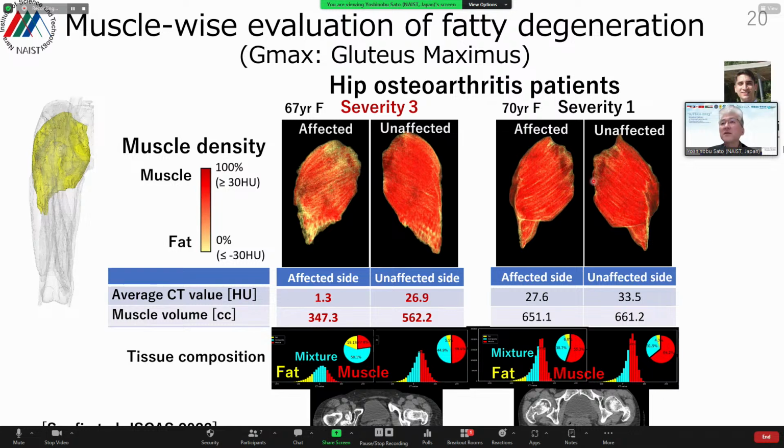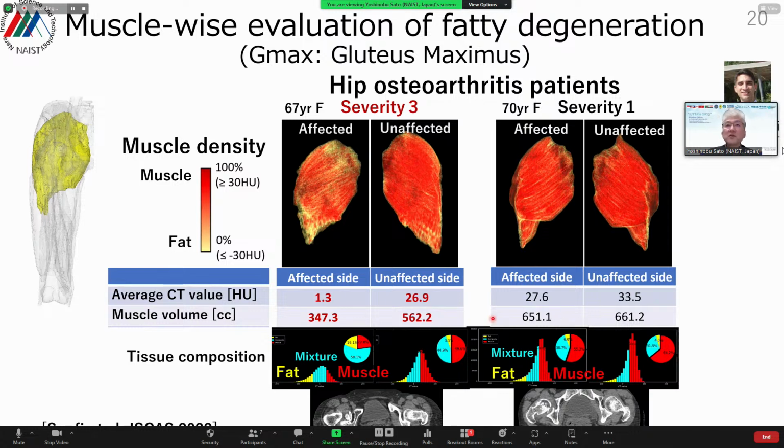In the mild case, both muscles are relatively red. In the severe case, on one side some parts are yellow, which means fat is there. We can also calculate the muscle volume from the segmented muscle regions. For healthy patients, muscle volume is very similar.